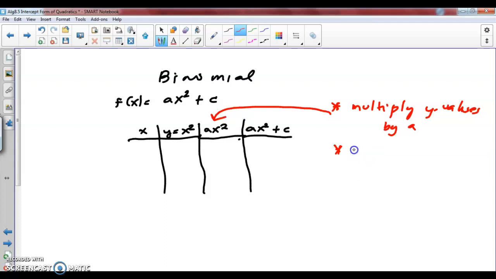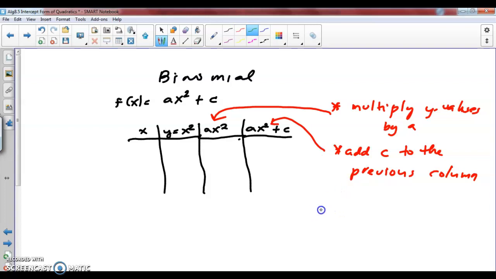And then after, you add c to the previous column. In other words, whatever value you get under ax squared, you're going to add c to every single one. So that's the last column here.